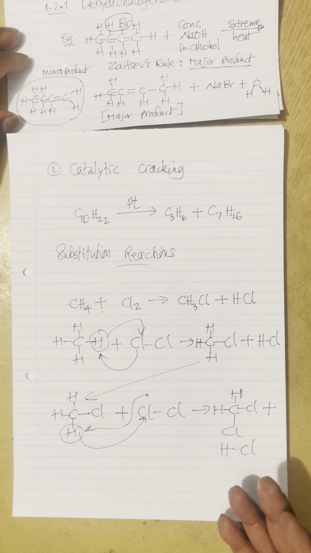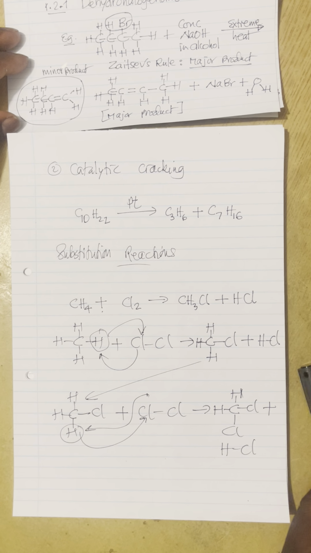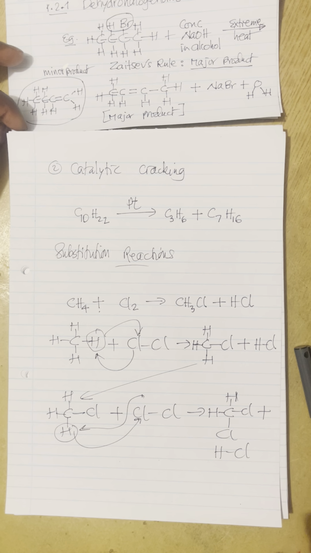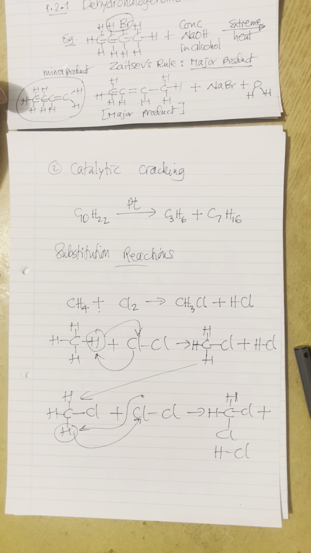So out of 5 main types of reactions, which are combustion, elimination, addition, esterification, and substitution, we have discussed so far combustion, elimination, and substitution. We're left with esterification and addition reactions. So in the next video, I hope to deal with the 2 types of reactions.